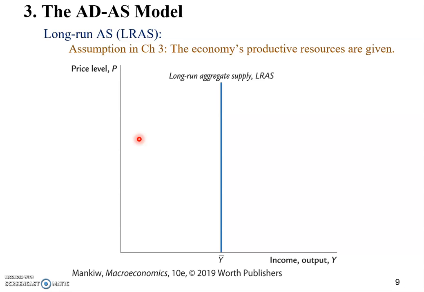Because here we said every price is flexible, it's adjustable. So when the overall price level either goes up or goes down, then the relative price among the goods and services should stay the same, because every change is made proportionally. Okay.